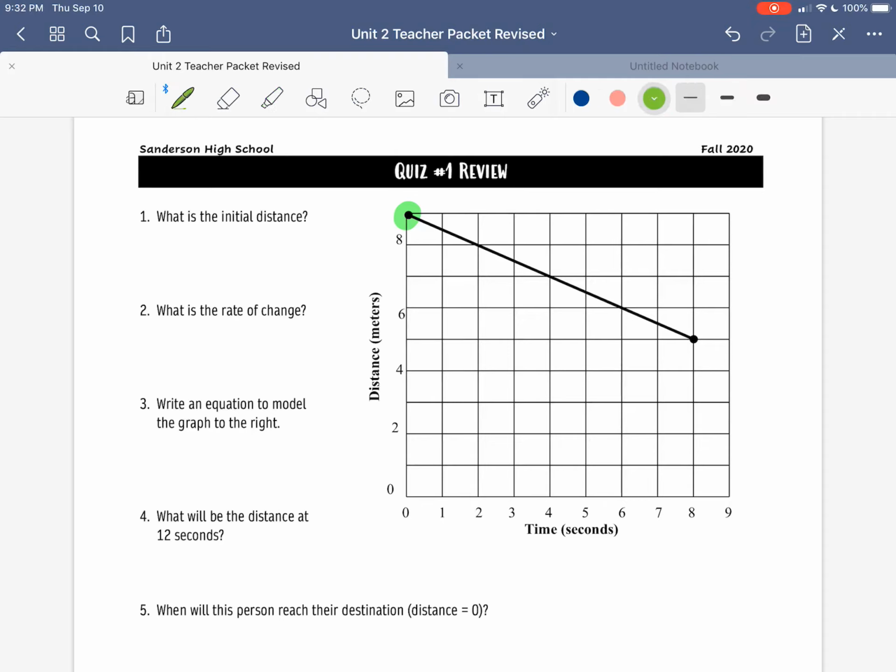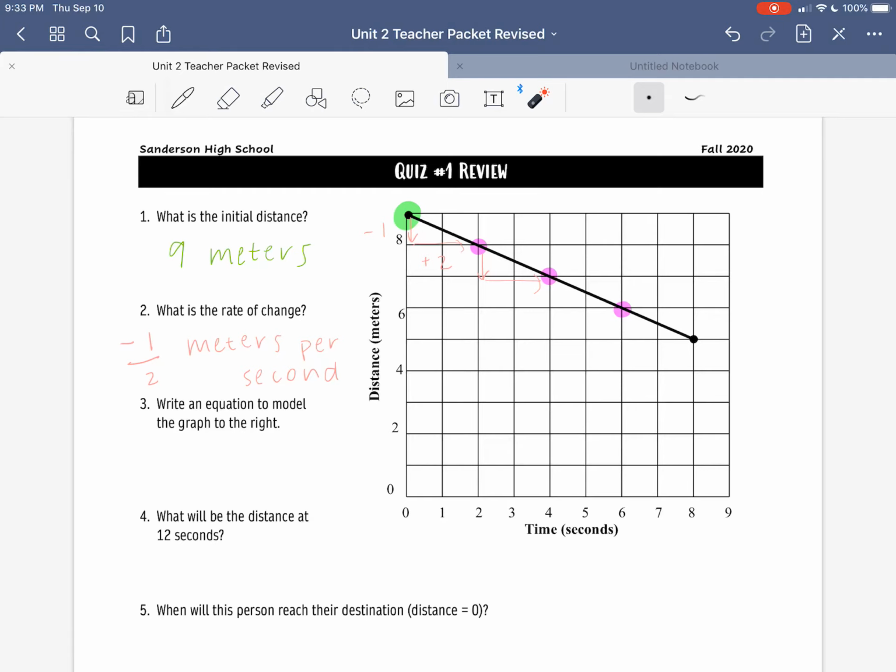I drop down 1 meter every 2 seconds. So the way we write that up as rate of change is we can say -1 for down 1, that's why it's negative, over 2 meters per second. Another way to think about that when we think about it with proportions is that each second we're dropping half a meter. So 2 different ways to think about that.